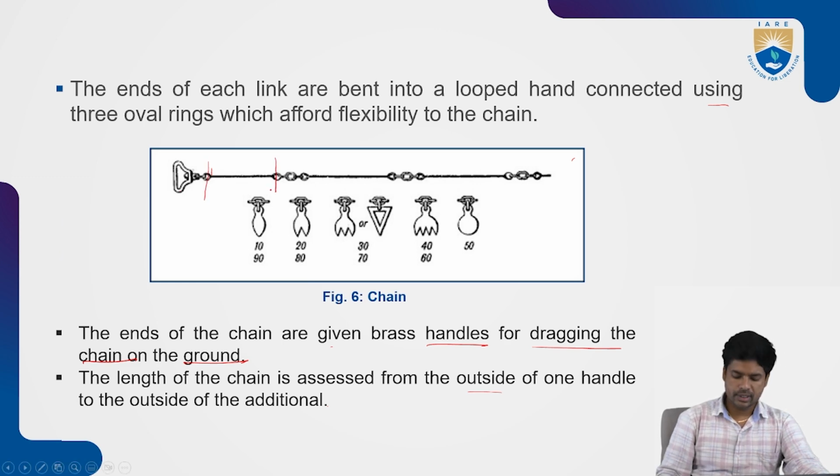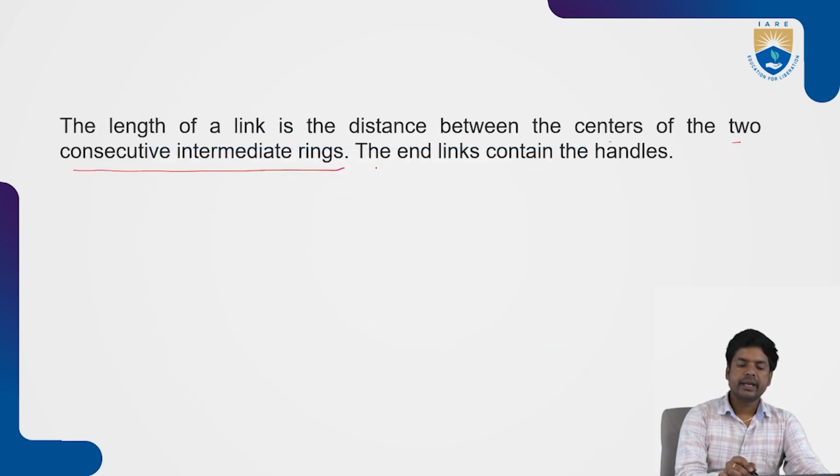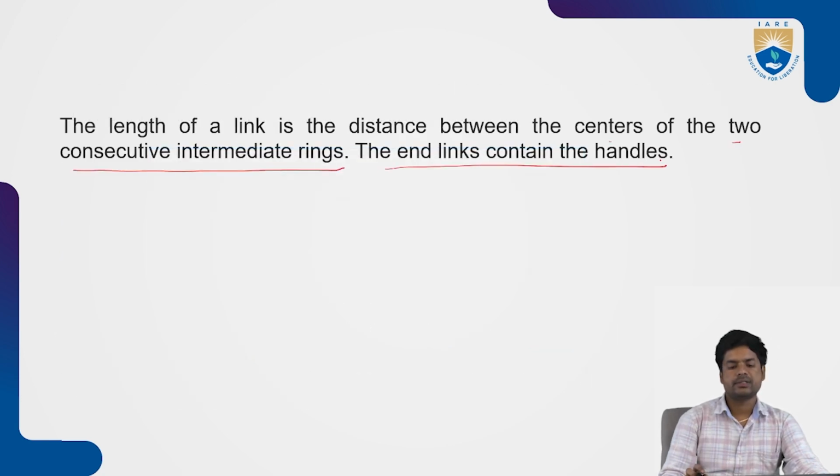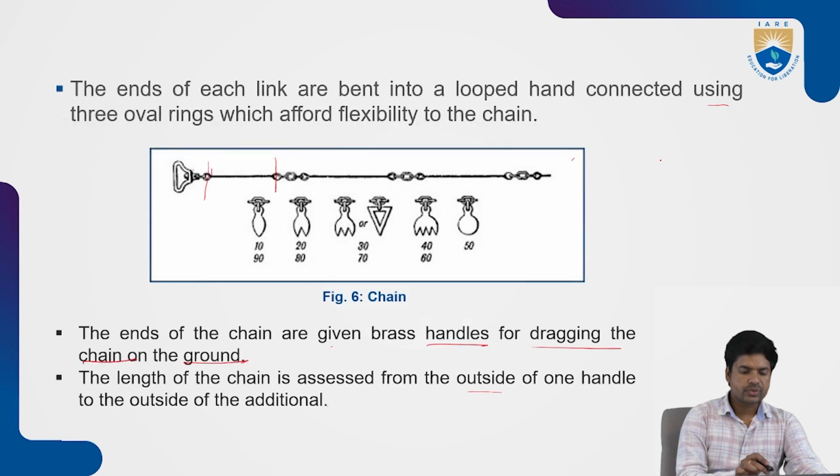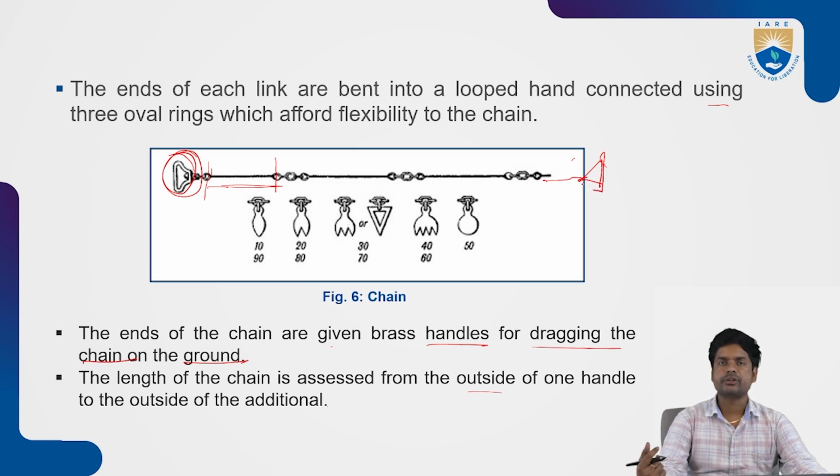That is what is called the length of the link. And the end link contains handles. This is the end link and it has a handle, and on the other side also we have one end link carrying a handle, which is used for dragging the chain or for placing the chain in alignment.